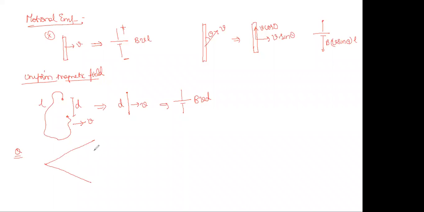Suppose we have a V-shaped conductor here, and a rod is moving with constant speed V. This is angle alpha. Find the current in the circuit.